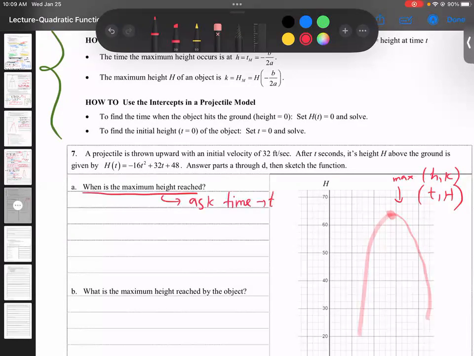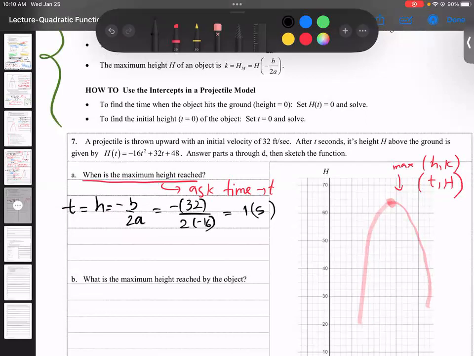So time is t, and t equals h equals -b over 2a. b is 32, a is -16. 2 times -16 is -32. So t is 1. What is my unit? This is when, so they're asking for seconds, right? 1 second. So after 1 second, it reaches the maximum height.